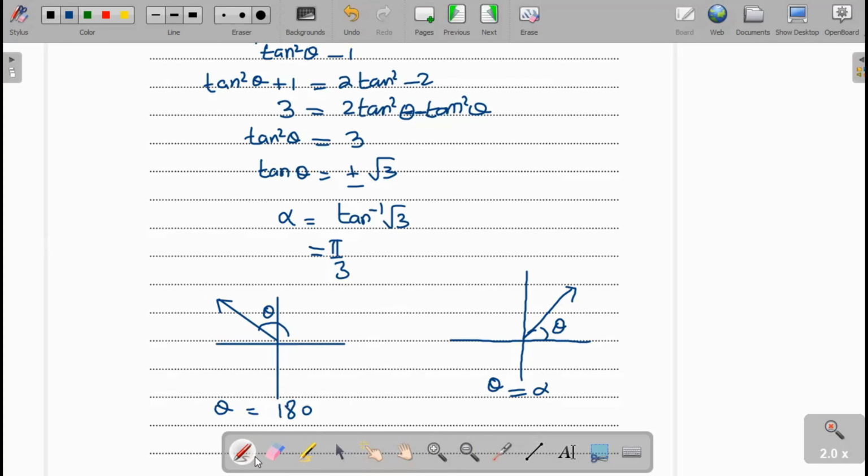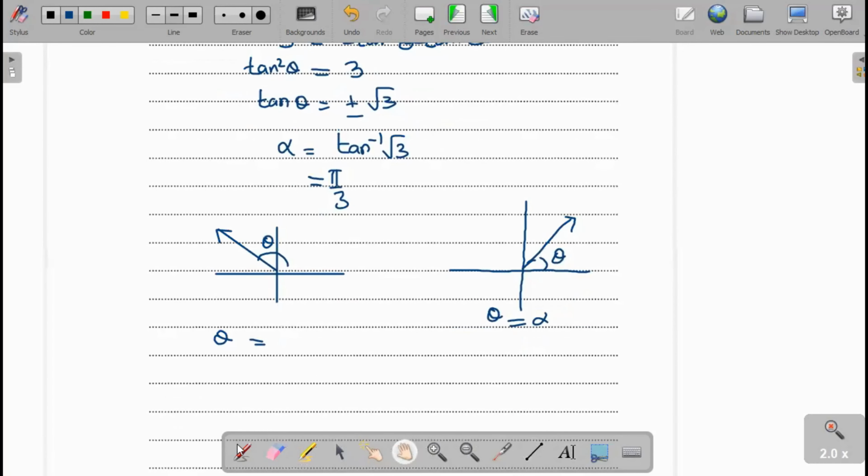You can say pi minus alpha because the range is given in radians. Therefore we write pi minus alpha. Now the answer is theta is equal to pi over 3, and second, theta will be equal to pi minus pi over 3, that will be equal to (3 pi minus pi) over 3, that is 2 pi over 3, and this is the answer.